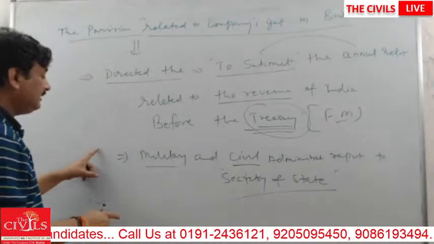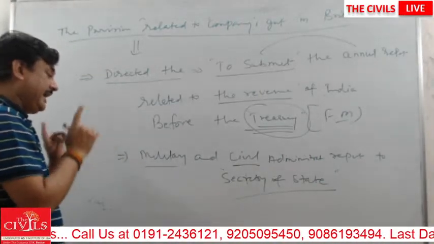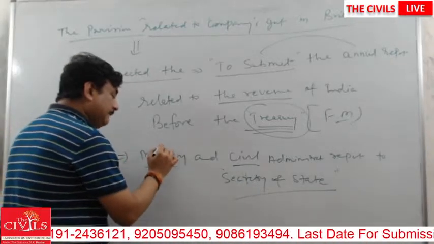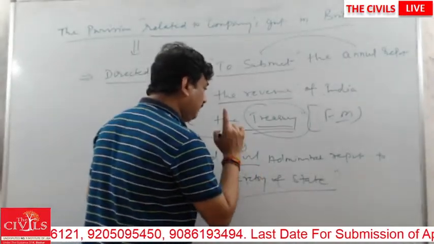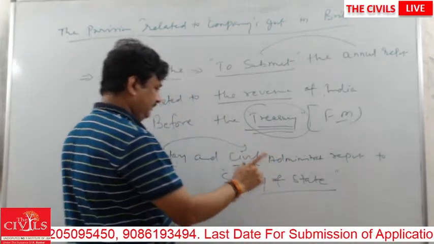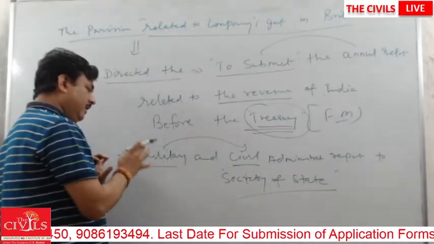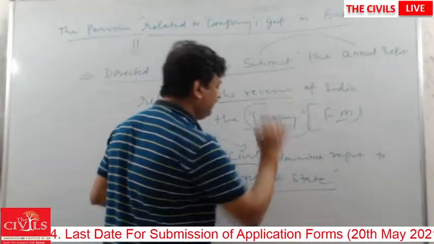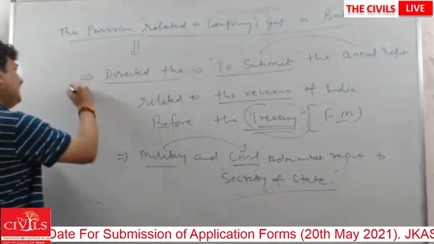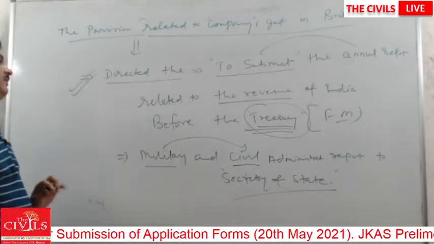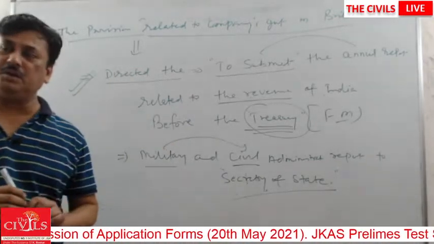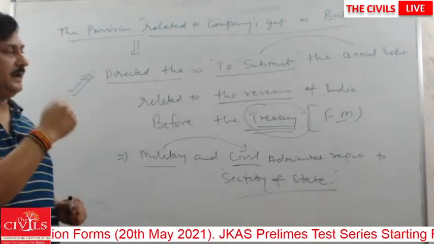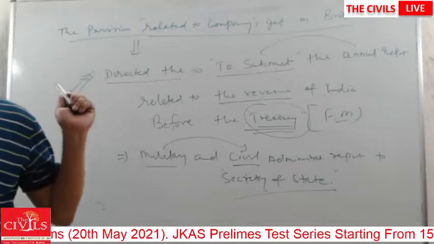And they were also directed to submit their annual report of military and civil administration to the Secretary of State of Britain. This is also one of the main provisions related to the administration of the company's government in Britain. Is it clear?